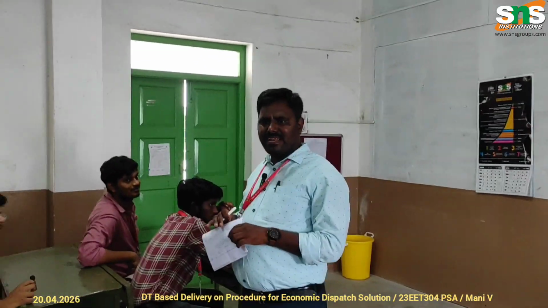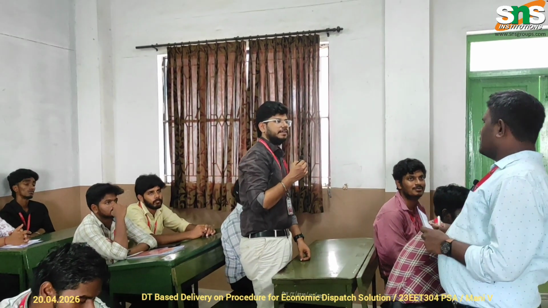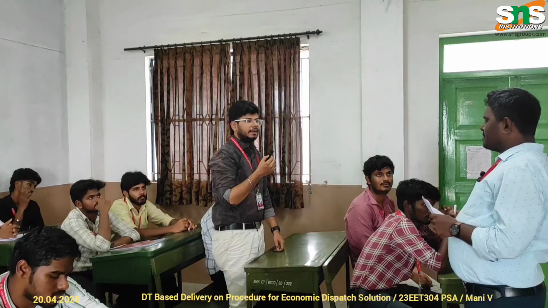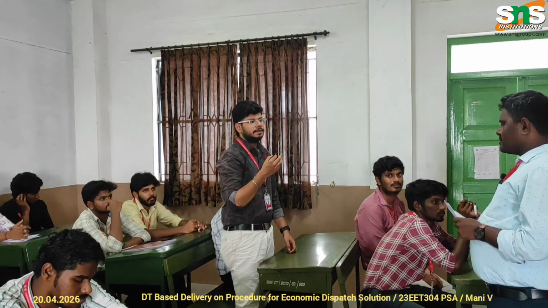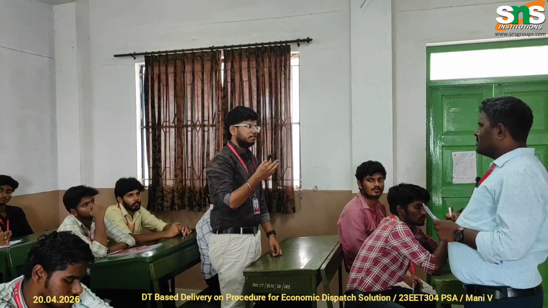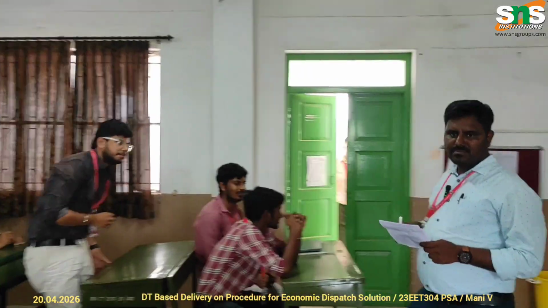Okay, what is the next step? If PGi violates the operating limit, then fix the generation at the specific limit. For example, if the calculated PGi is greater than the given PGi maximum value, then we have to consider PGi equals PGi maximum.